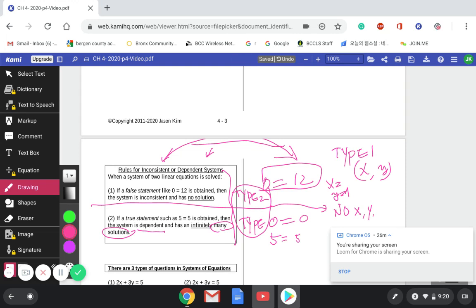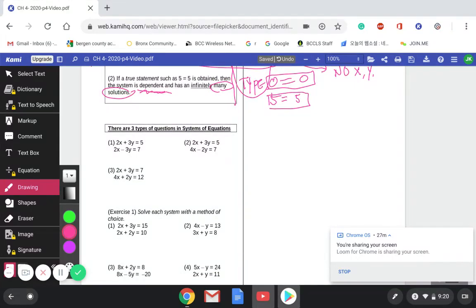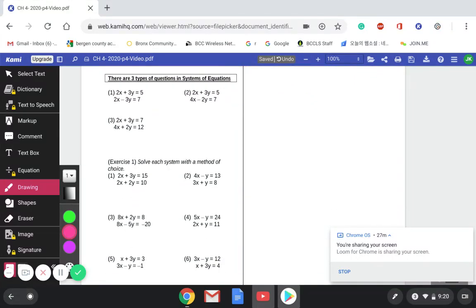Not only do x and y all cancel out, if you have 0 equals 0 or 5 equals 5, we call this a dependent system with many solutions. And if you end up with 0 equals some number, we call that an inconsistent system with no solution. Okay, so now let's do some practice from your workbook.